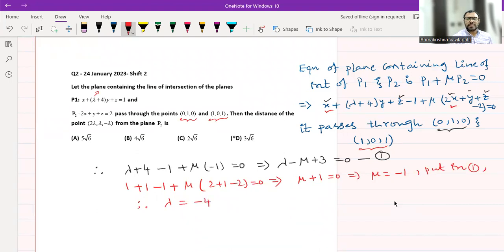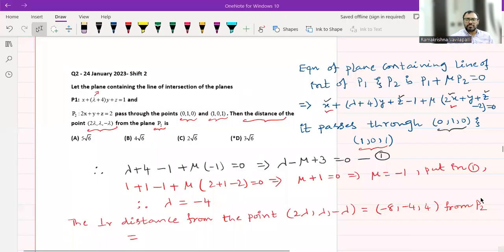Now they are asking the distance of the point 2 lambda, lambda, minus lambda from plane pi 2. So here the perpendicular distance from the point given, 2 lambda, lambda, minus lambda. This is the point. So substitute lambda equal to minus 4. You will get minus 8, minus 4, plus 4 from plane 2. Plane 2 means this is the plane. So what is the perpendicular distance?